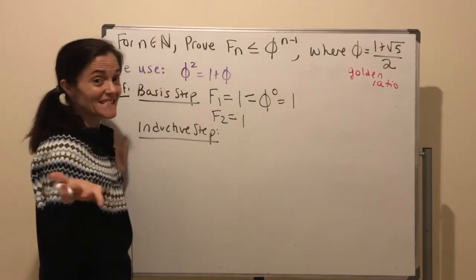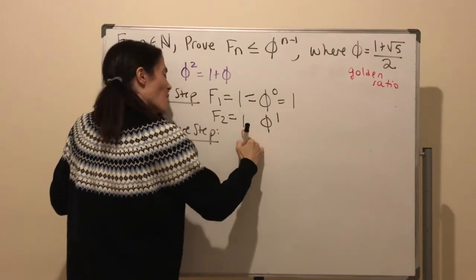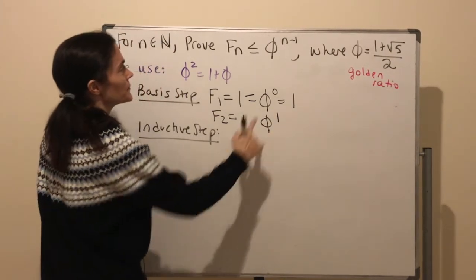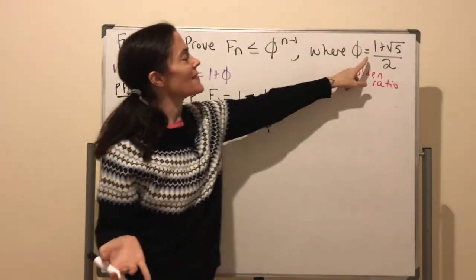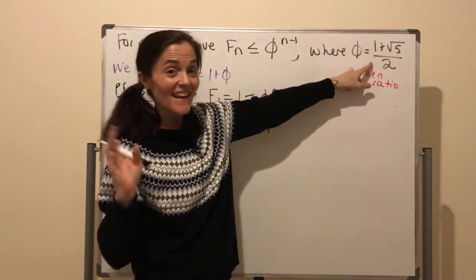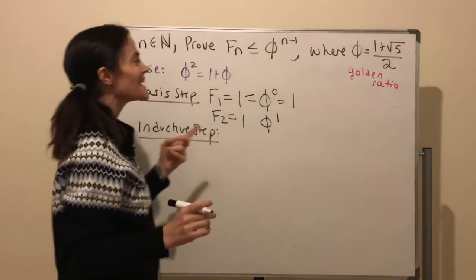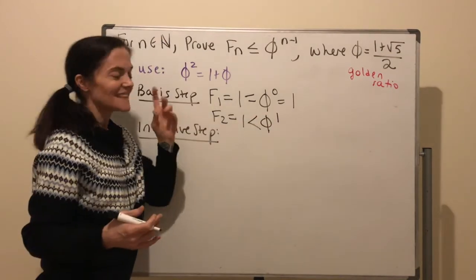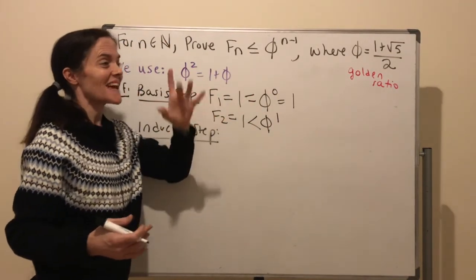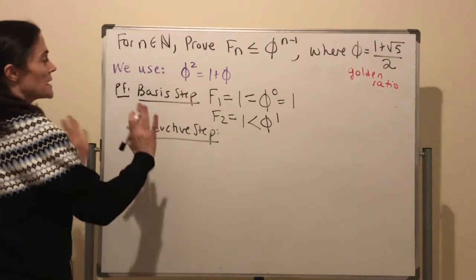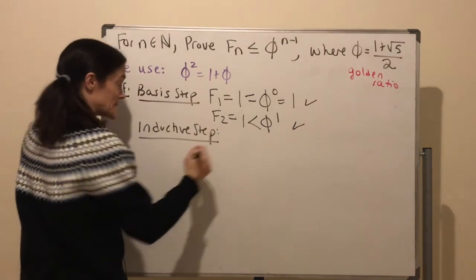Any number raised to the 0 power is 1. And then I need to compare 1 and phi to the 1. That would be this with n equals 2. Well, if we look at this without using our calculator, we can see certainly that number is bigger than 3/2. So I could do this. In fact, phi is about 1.618, and then there are some more numbers. But in any case, we have our basis step.